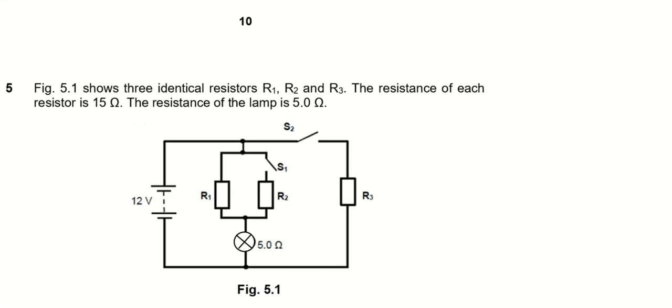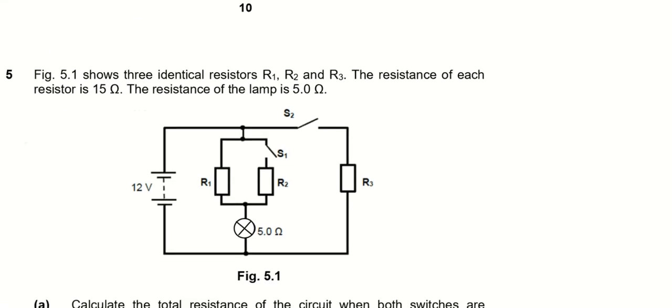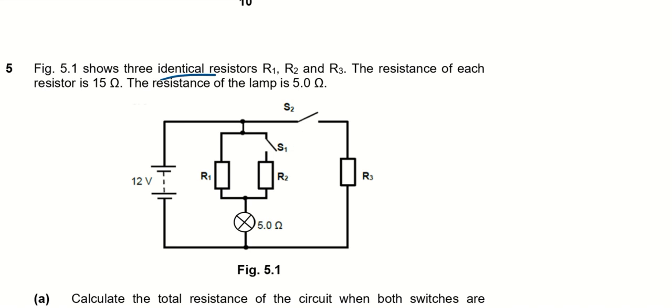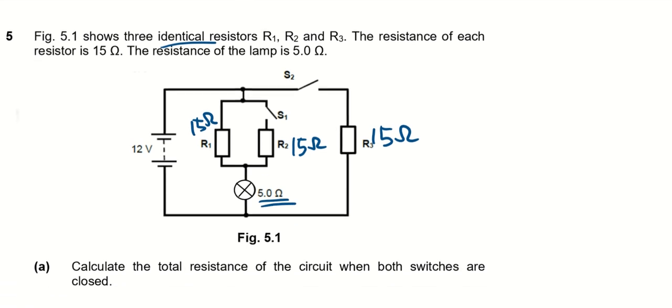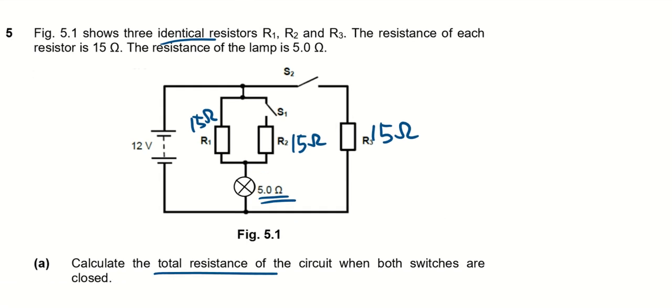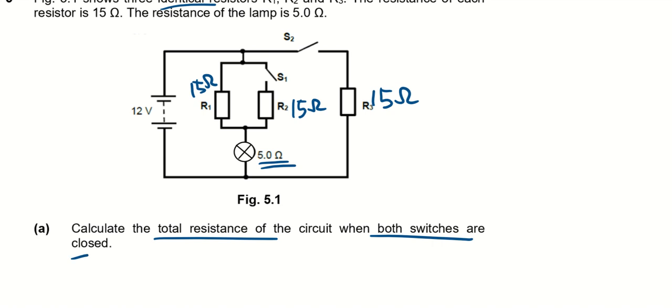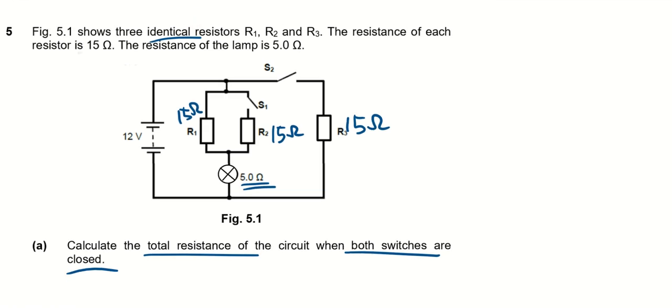Okay, question 5, figure 5.1 shows 3 identical resistors. Identical means they have the same resistance. The resistance of each is 15 ohms. Maybe we just write it down here so we can remember. And the lamp is 5 ohms. Calculate the total resistance of the circuit when both switches are closed. So S1 and S2 are closed.